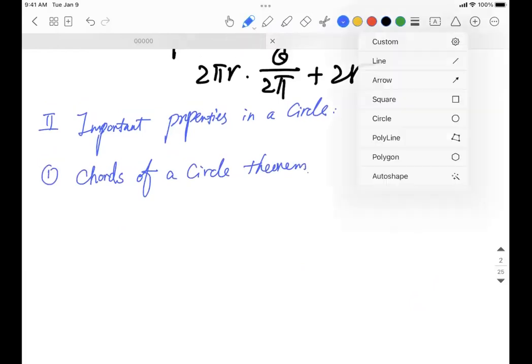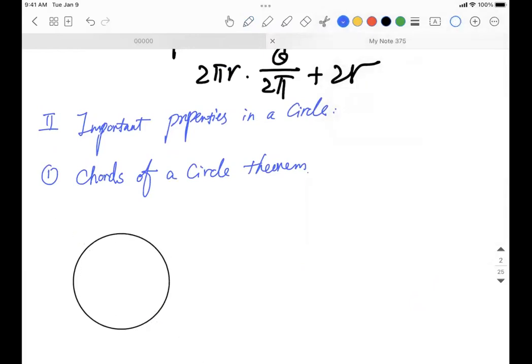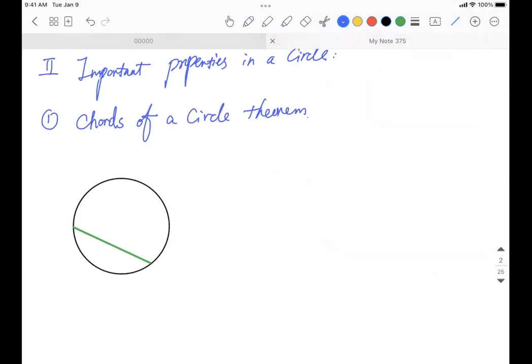So let's say I have a circle. In the circle, I have a chord. Okay. If I want to make a bisection of the chord, okay, this is my bisection. Bisection means what? I have a line which is perpendicular to my chord and also cuts my chord into two equal parts.